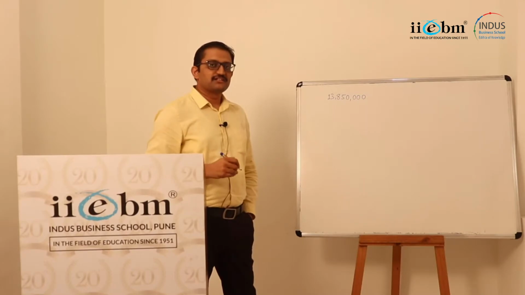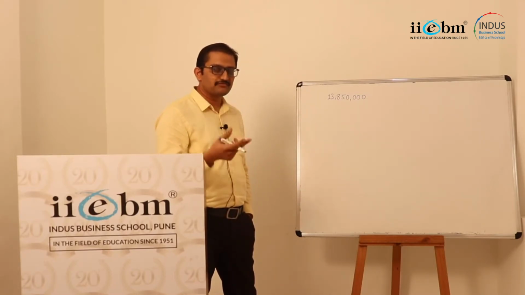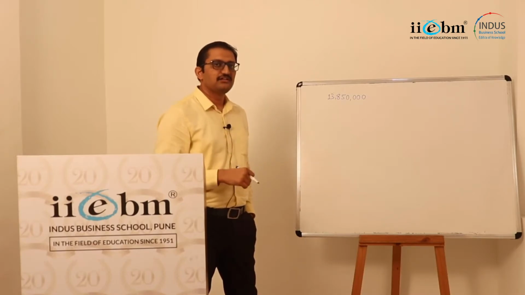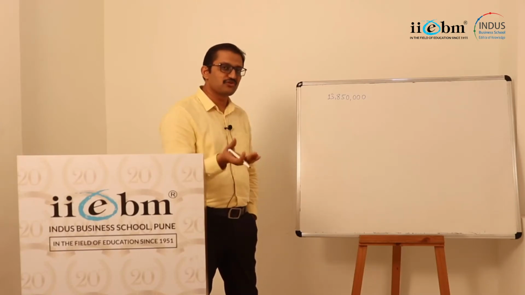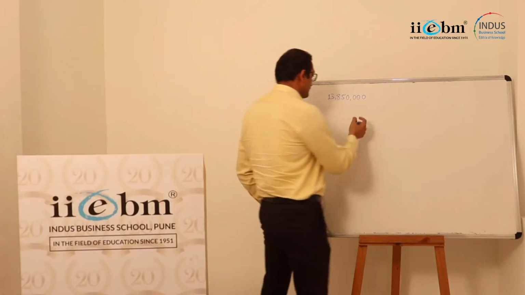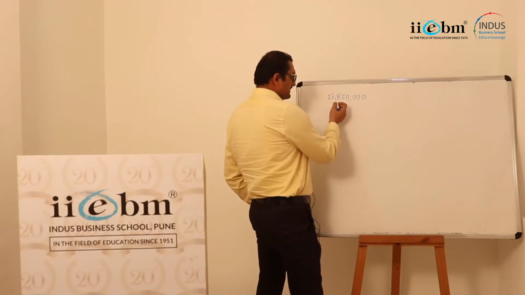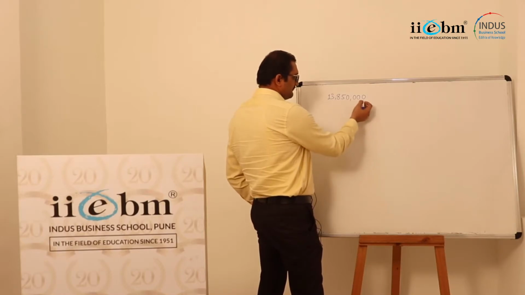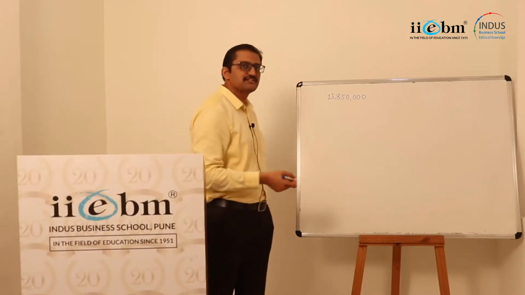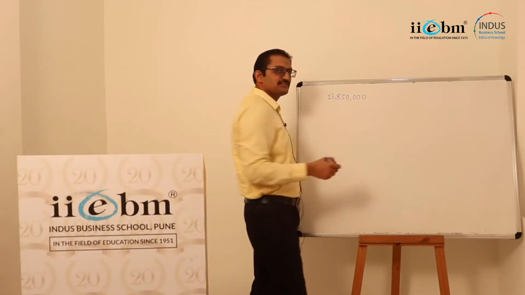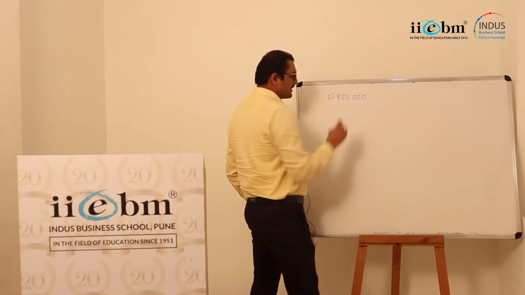If I have something like this as my number, then in short form, with the help of power, that is 10 raised to n, how we can represent this particular large number or small number, that we will briefly see again. So if this is my number, which has two commas, it says that this number is in million. Now how I can represent this number with the help of power is wherever I want to place the dot.